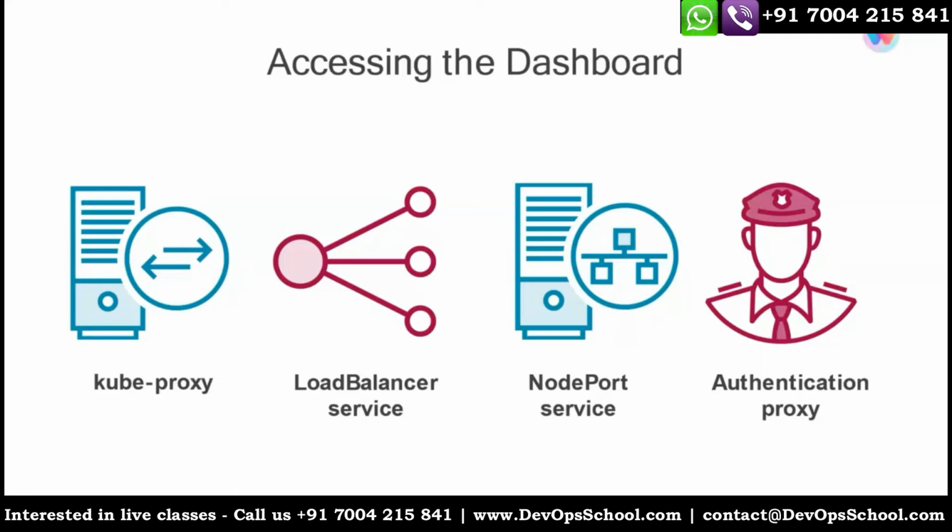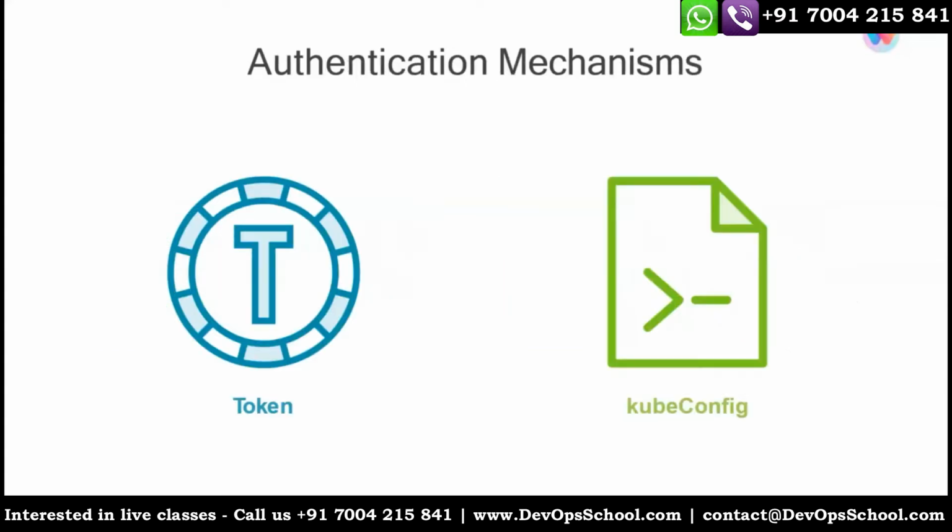So many people are doing the node port service. Node port also, and many people are doing authentication proxy. So these are the 4 methods in which you can access the dashboard. Most of the time we do the node port service. When you do the node port service, you have to control the network security groups and OS level security groups also.